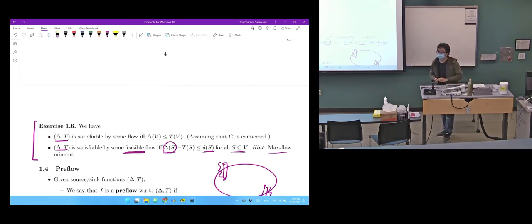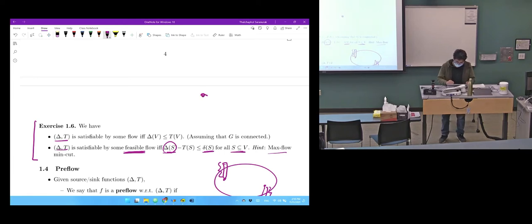More questions about intuition also? Yes. So the source or the sink function needs to be 0? They can both be positive.